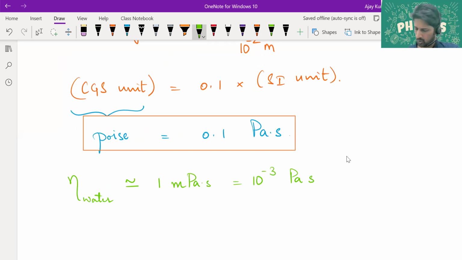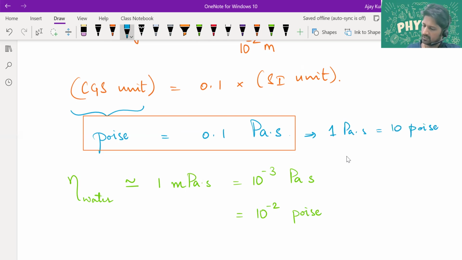If you express this in poise, it becomes 10 power minus 2 poise. Because 1 poise is 0.1 Pascal seconds, so 1 Pascal second becomes 10 poise. So in place of Pascal second, if you write 10 poise, 10 power minus 3 into 10 becomes 10 power minus 2 poise. It's still quite small, as you can notice.